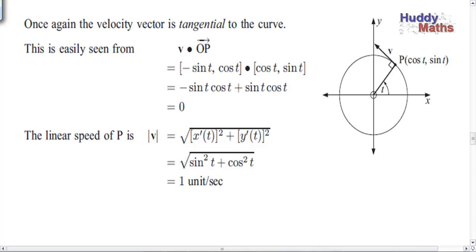So we've got to check out a couple of things. Once again, the velocity vector is tangential to the curve. Now we expect that, don't we? Let's review that. dy by dt equals dy by dx times dx by dt.